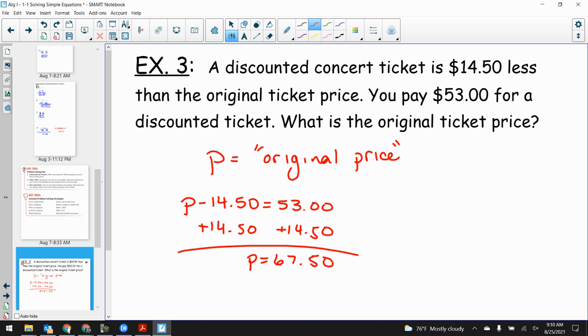Guys, it's so important that you put your answer back into context. You know what I mean when I say that? Put it into context. Meaning, go back to the problem and describe what the answer means within the problem. Hey, if you can write a full sentence, go for it. The original price was $67.50.